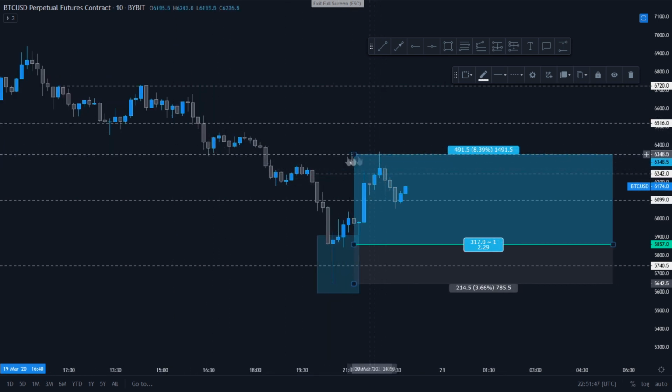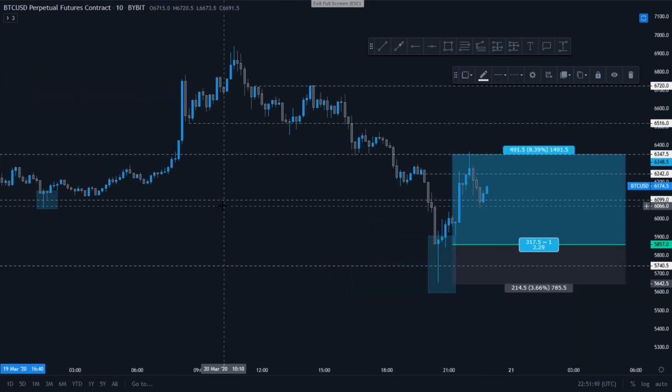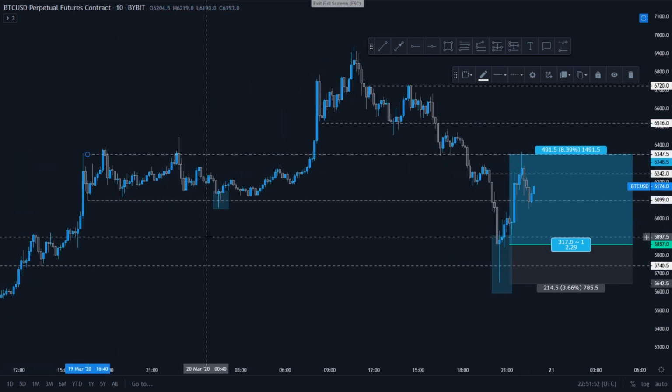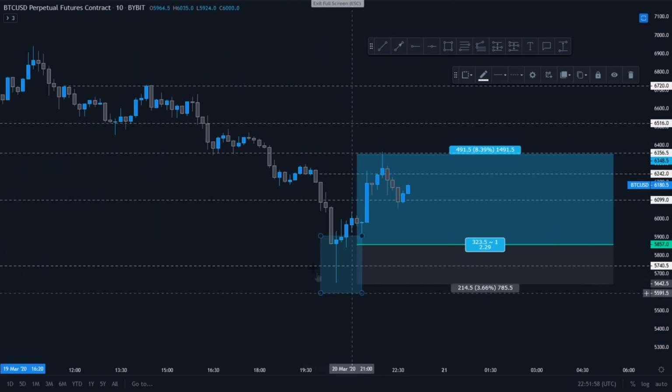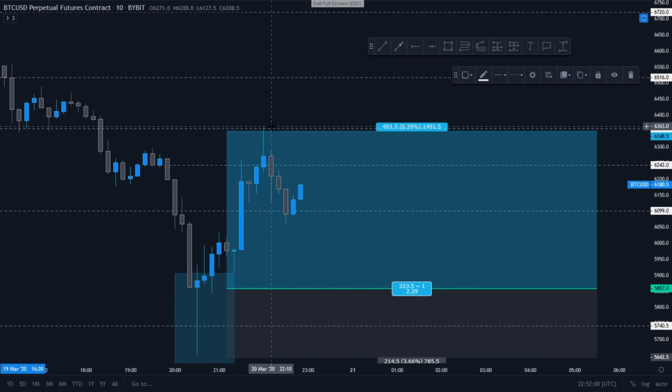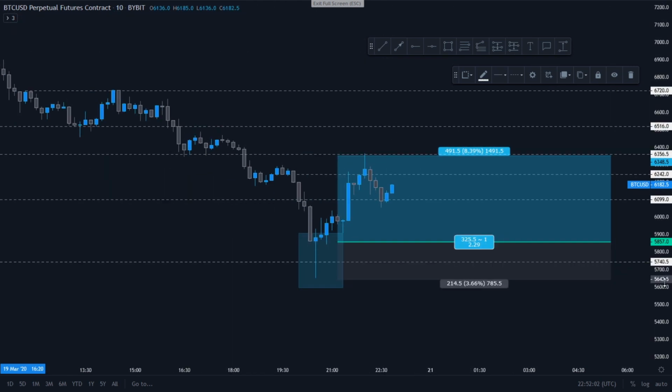So it went up to there, a support and resistance range, as you see. Clear support and resistance range. Yes, this is how you can use it, guys.